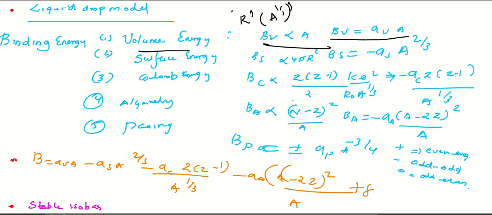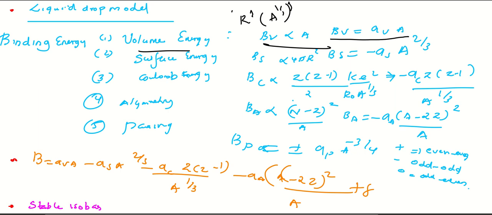Coulomb potential is directly proportional to 1 by R, so that is R naught, A raised to 1 by 3. And also the asymmetric energy is minus A minus 2Z all square divided by A, plus or minus AP, A raised to minus 3 by 4. For pairing, it is positive for even-even, negative for odd-odd, and 0 for odd-even.